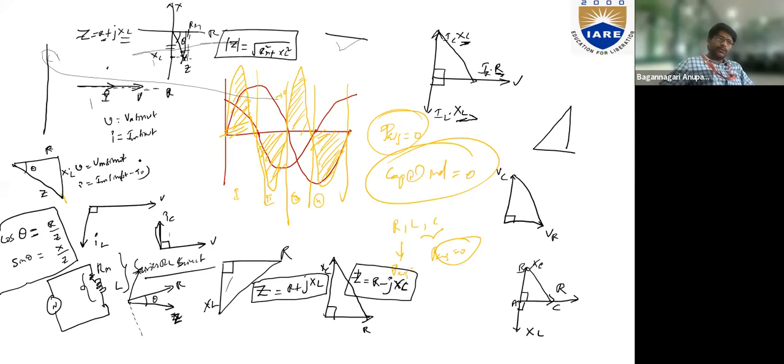But when it is a combination of R and L, or R and C, in different proportions, say if R and L are equal, definitely the angle will be 45 degrees. But I'm talking about any relation of value between resistor and inductor, which you call a series RL circuit, right?